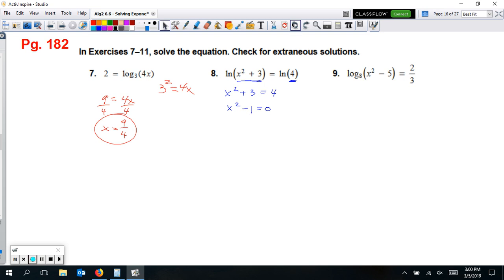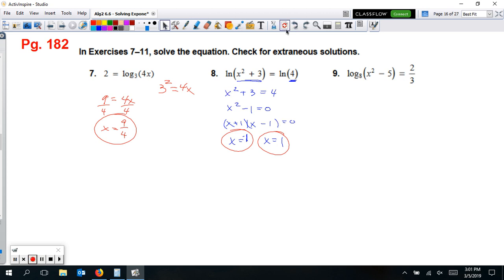Now this is a difference of squares, which would factor to x plus 1, x minus 1. Just x and x up front from the x squared, 1 times 1 from the back, 1's plus, 1's minus. Now we just set each one of these equal to 0 separately and then solve. So our answers are x equals -1 and x equals +1. We're getting two answers from a quadratic.